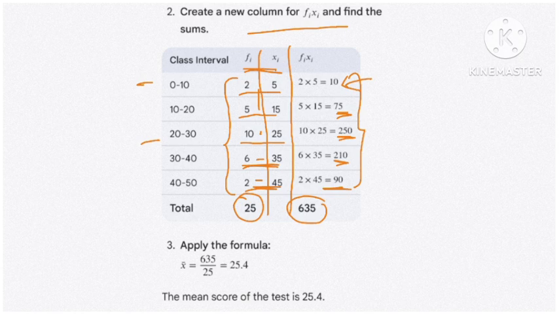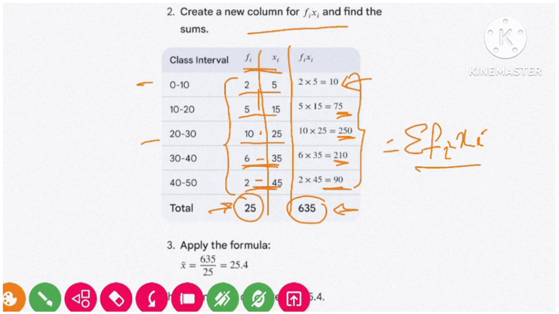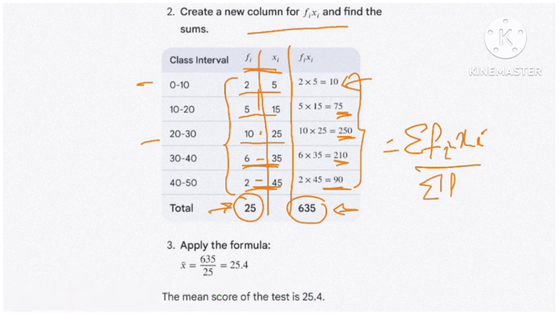After finding the values of sigma fi xi and sigma fi, we apply the formula: x bar equals sigma fi xi divided by sigma fi, which gives 635 divided by 25, which is equal to 25.4.